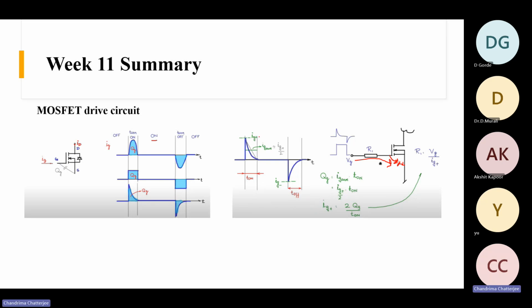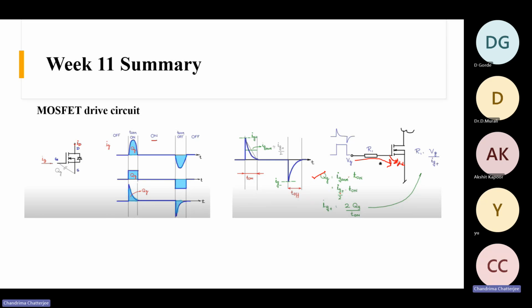This is the peak current Ig plus. And then this, suppose, is the average current. If you average, this becomes some Ig average value. So what is your gate charge? Gate charge is your Ig average multiplied by the on time. This is the on time.